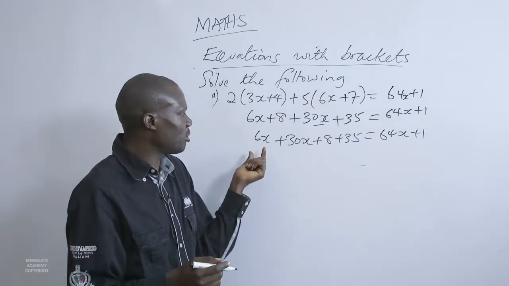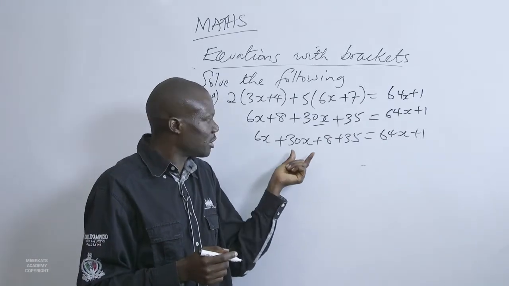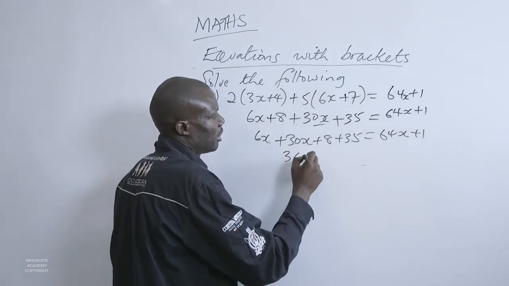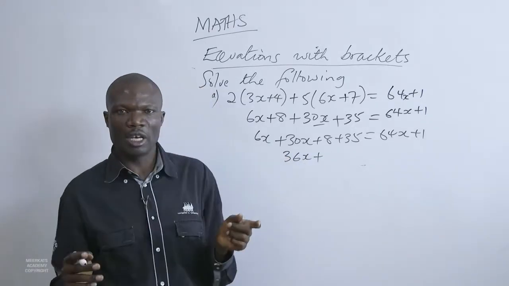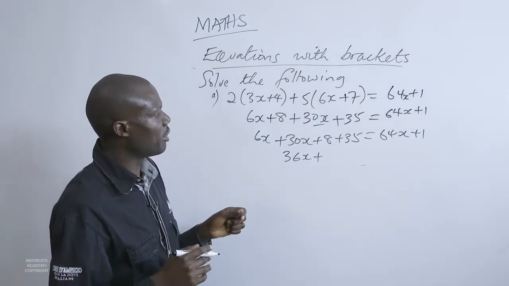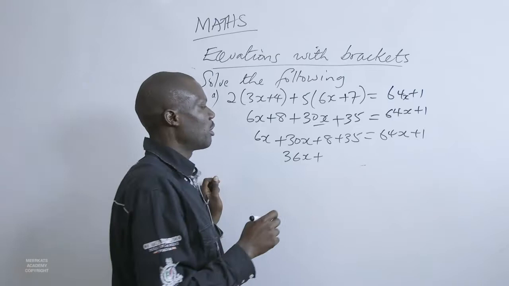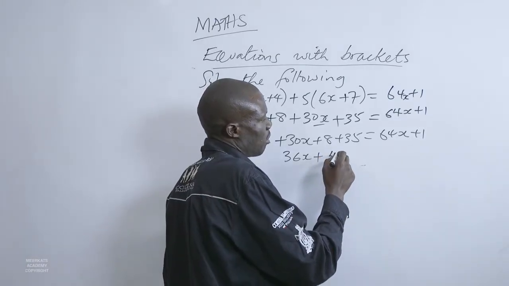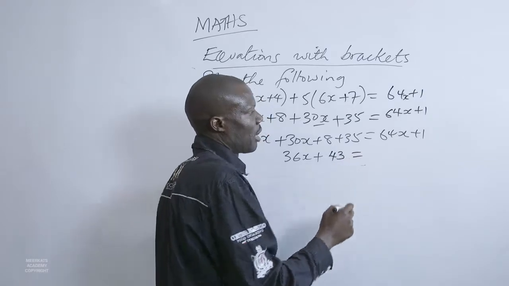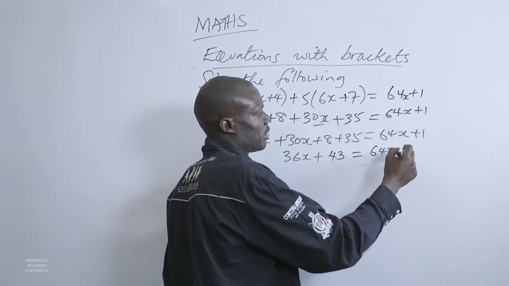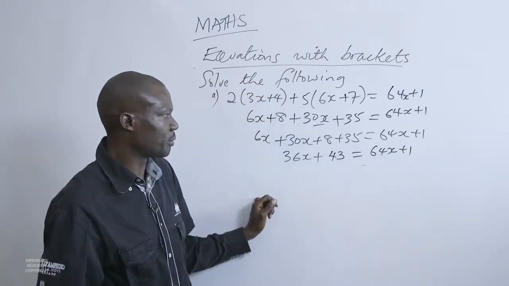As you collect like terms, 6x plus 30x will give us 36x. 8 plus 35 will give us 43. And we finally have the other side, 64x plus 1.